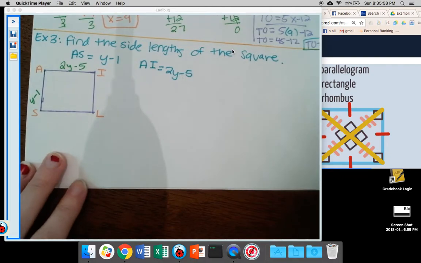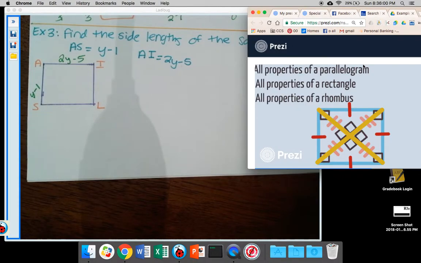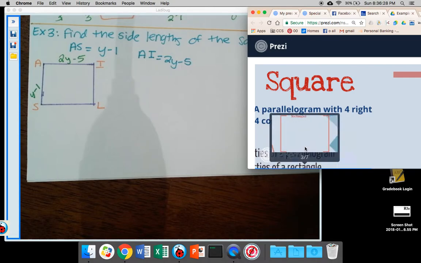So if I need to solve things about a square, I need to remember the properties, which I have over here. Because a square is a parallelogram, it contains all the properties of a parallelogram. If it is a rectangle, it also contains all the properties of a rectangle. And if it's a rhombus, it also contains all the properties of a rhombus. So we need to figure out how to solve this using all these properties.